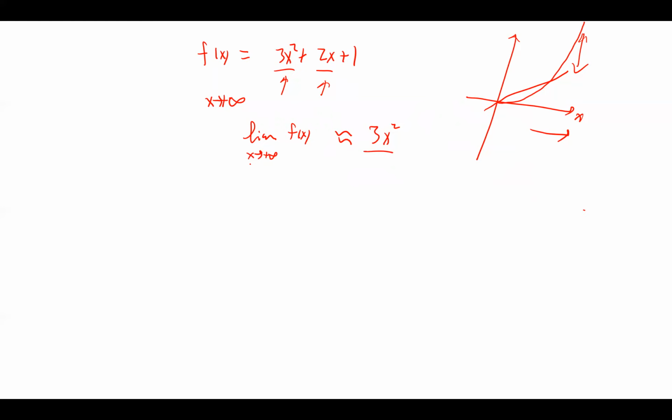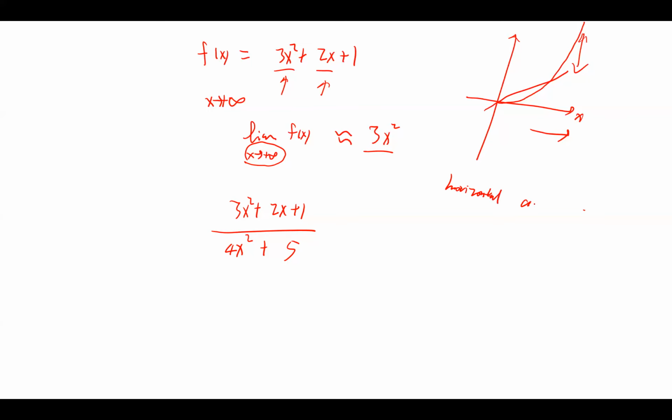That's an important condition, which is that x goes to infinity. So how can this be used? We can say we have this function 3x squared plus 2x plus 1, and for example 4x squared plus 5. Now this can be used when we are looking for horizontal asymptotes.